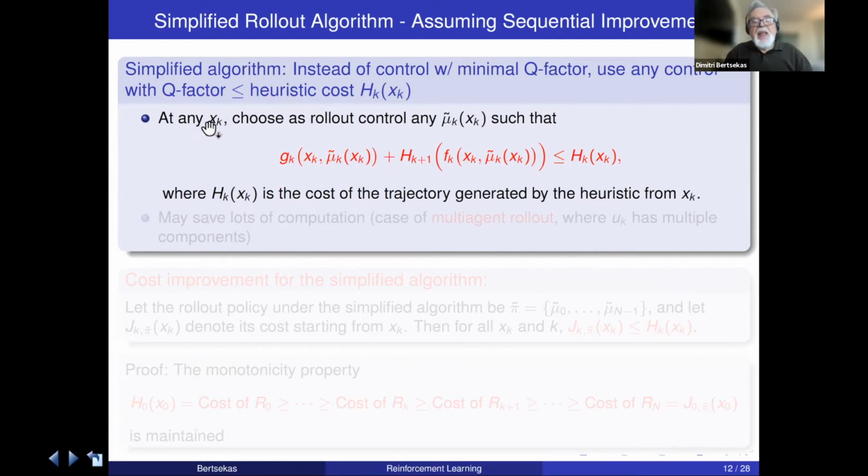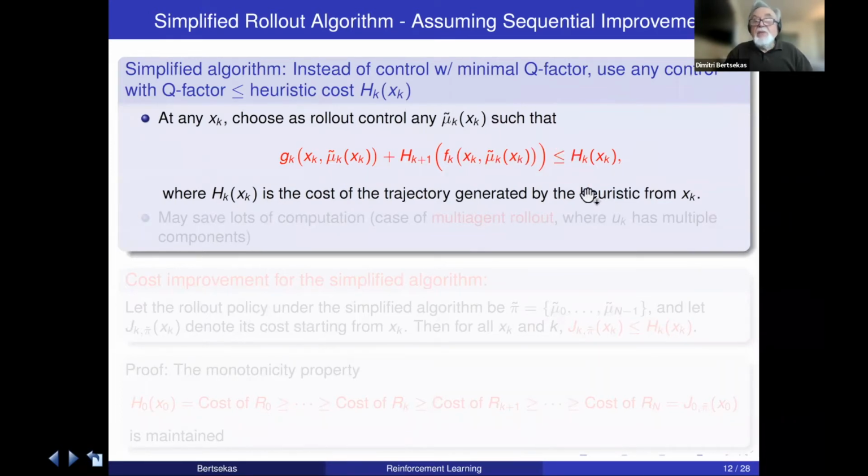In other words, at a state xk, we choose as rollout control any control that satisfies this inequality. We don't necessarily pick the minimum one, the one that gives us the minimum Q factor. Just any Q factor that crosses this threshold.